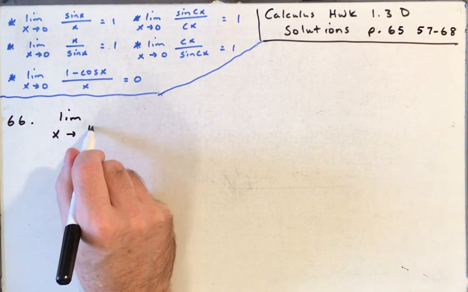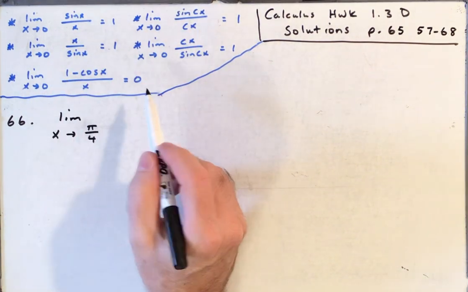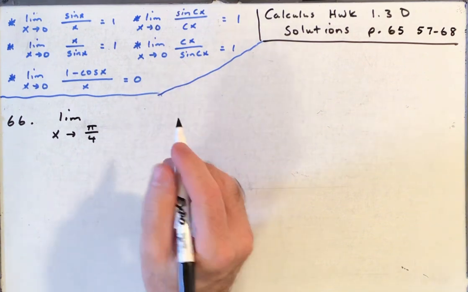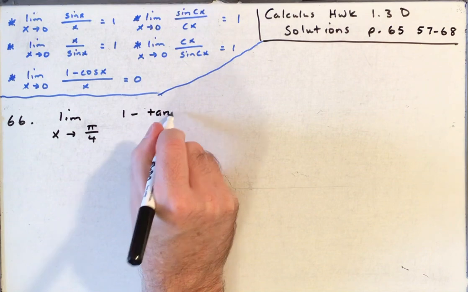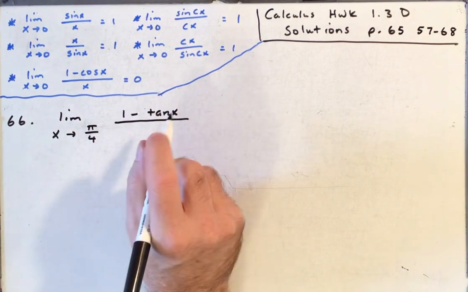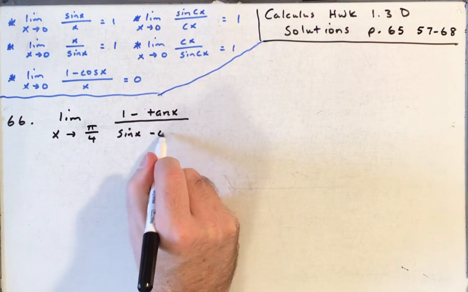So x approaches pi over 4. We're not going to end up using any of these identities because they're all x approaches 0. So this is going to be a pure algebra manipulation problem. 1 minus tangent x over sine x minus cosine x.